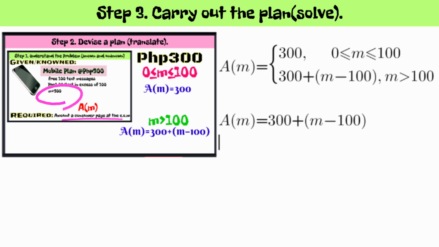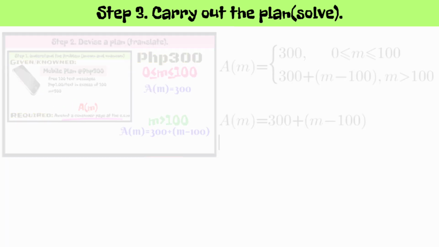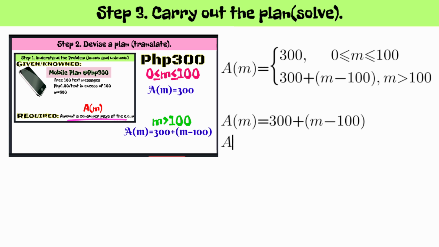Now let us solve for A of M, or the amount paid by the consumer at the end of the month. Since M is 500, we have A of 500 is equal to 300 plus 500 minus 100.